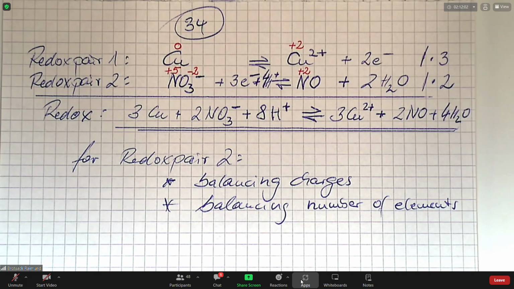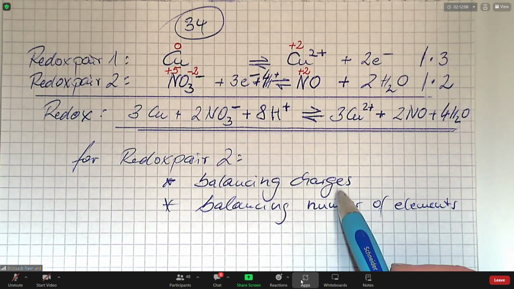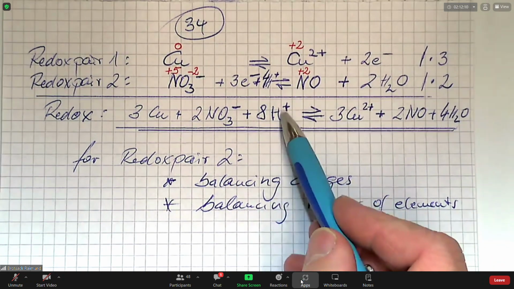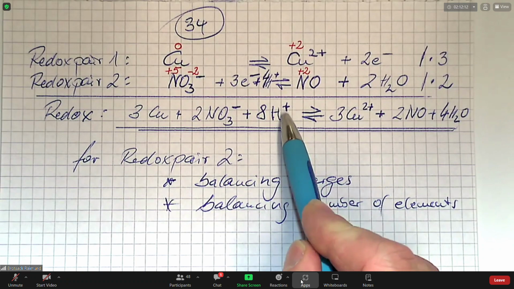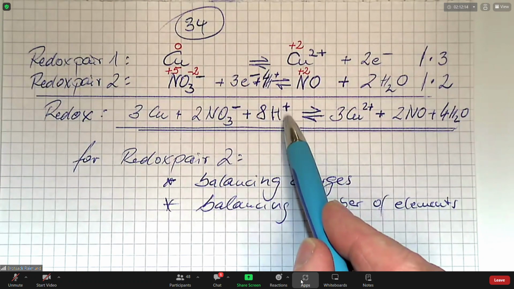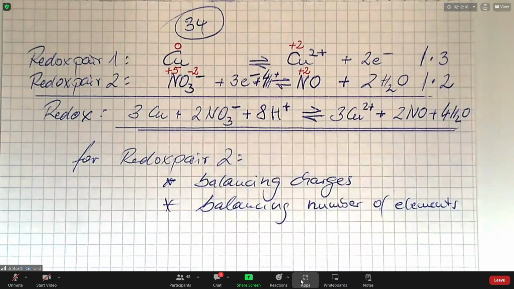And now what is important, in an acidic environment, we balance the charges with protons. What will we take in an alkaline? OH minus.